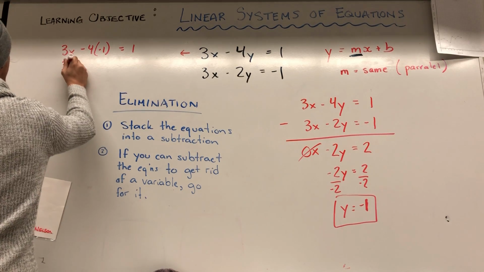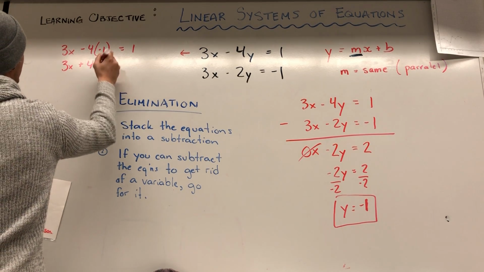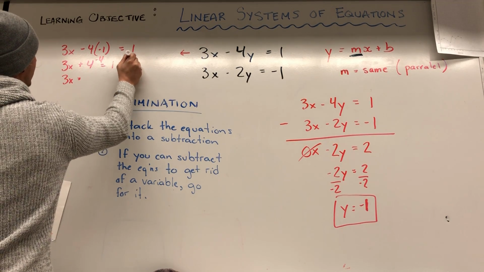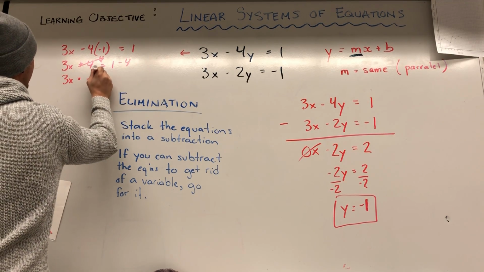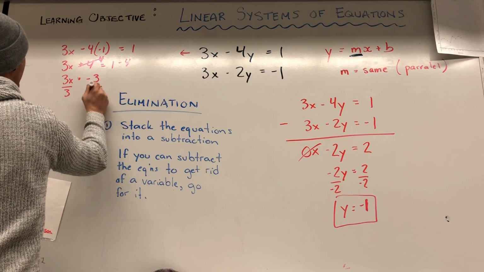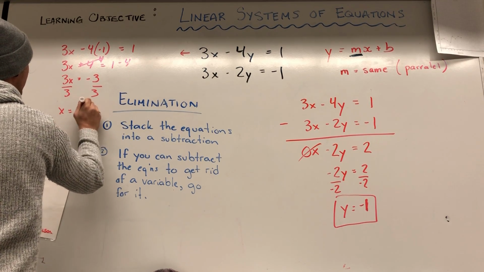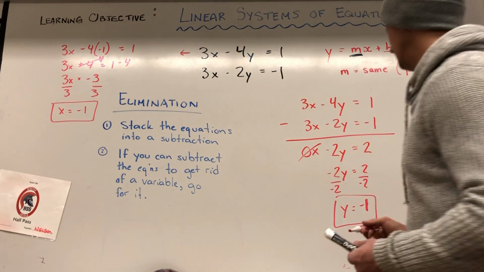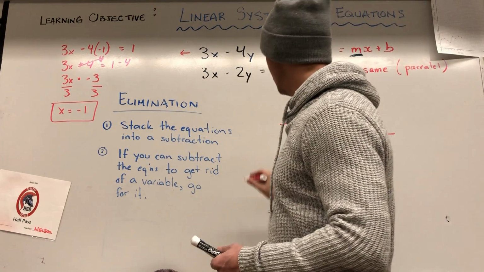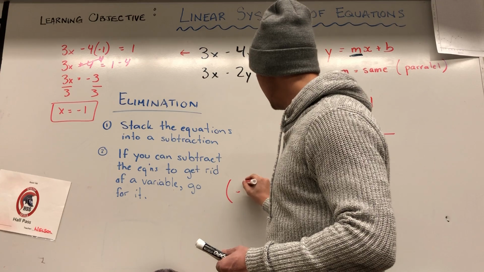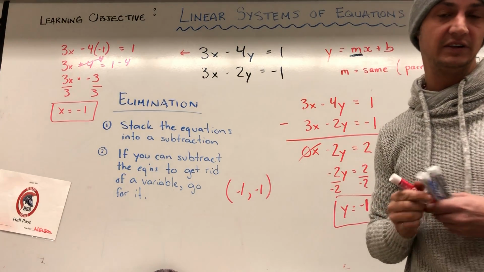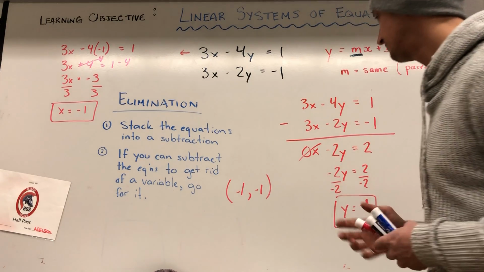And then I get 3x plus 4 is equal to 1. 3x is equal, I'm going to subtract 4. 3x is equal to negative 3, divide by 3, divide by 3. X is equal to negative 1. So in this case, these two equations have a solution at negative 1, negative 1. That is where they intersect. At x is equal to negative 1, y is equal to negative 1.